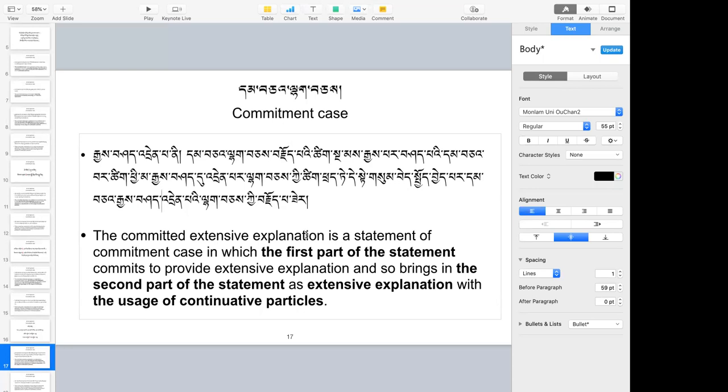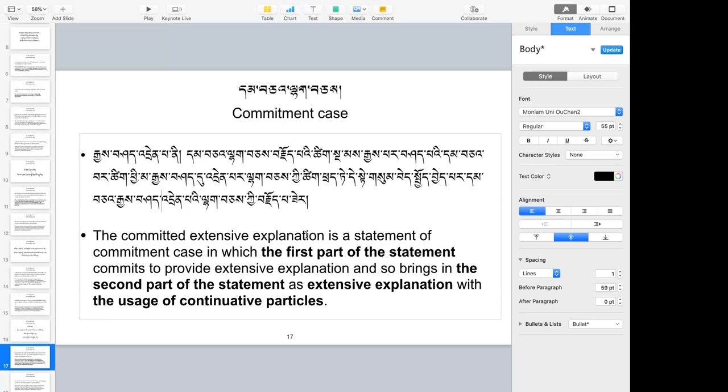So here we commit extensive explanation. So we write something which could be, let's say, a small narration, a small statement, and then it requires extensive explanation.